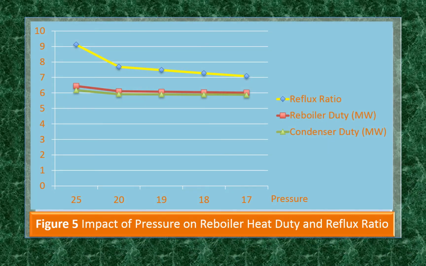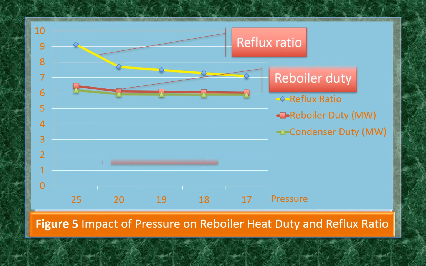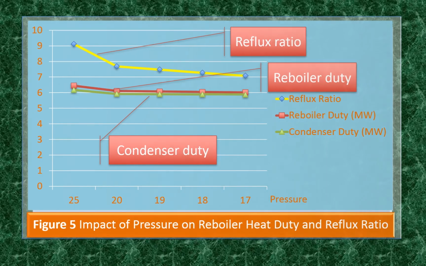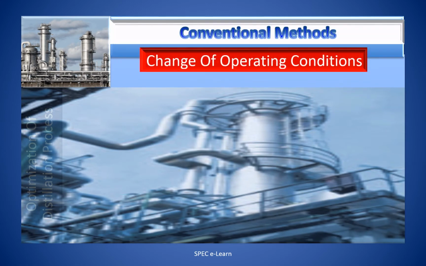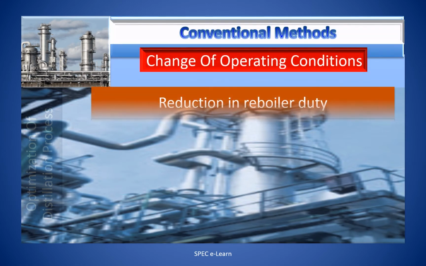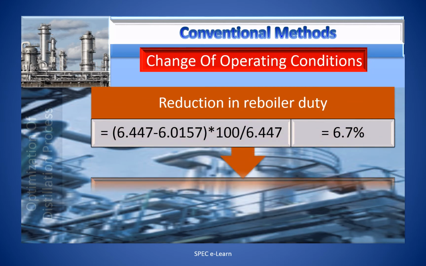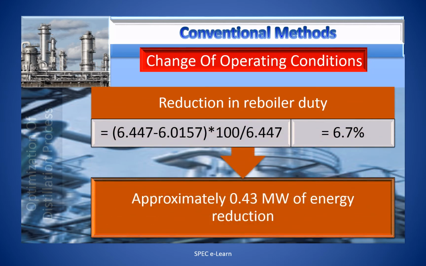This is a graphical representation of the results obtained by simulation. As the reflux is reduced, the reboiler and condenser duty decreases. Approximately 0.43 megawatt of energy reduction is realized because of reduction of pressure.